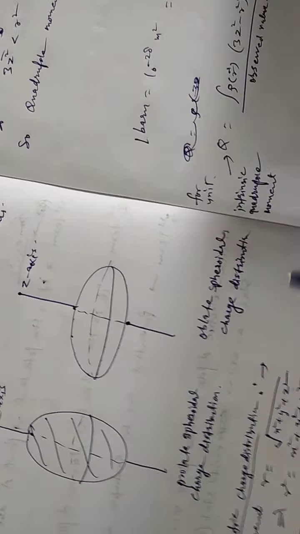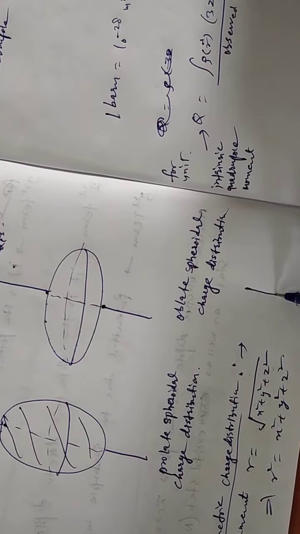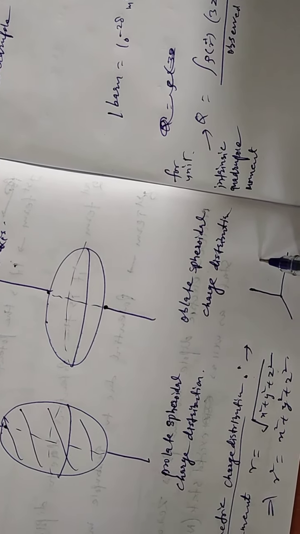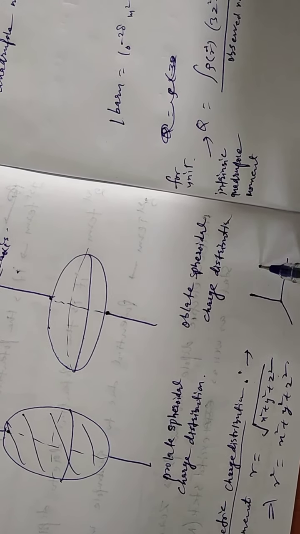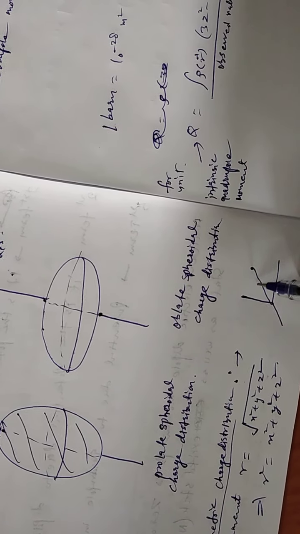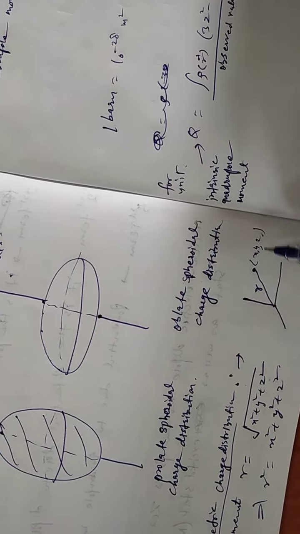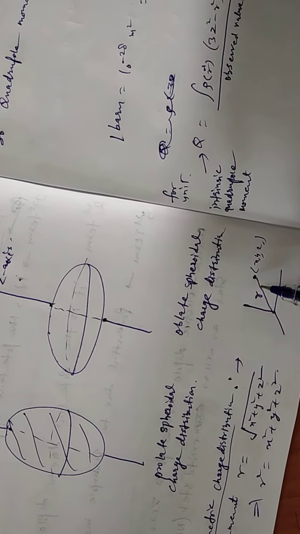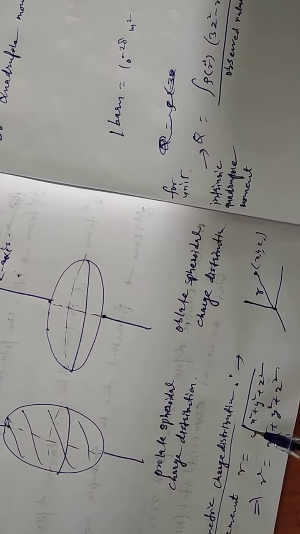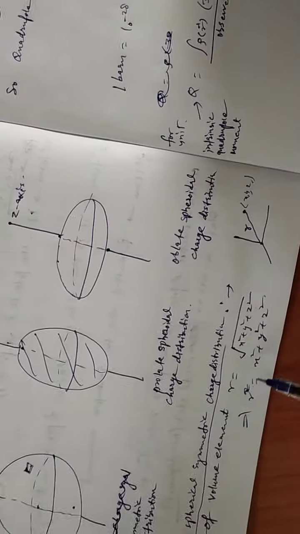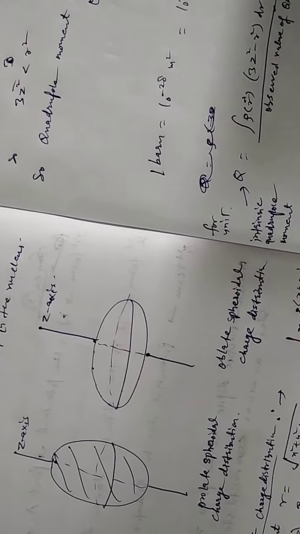In the frame of reference, this point has coordinates x, y, z and this distance is r. So the distance is the square root of x square plus y square plus z square, and squaring it we get r square equals x square plus y square plus z square. From this equation we can write this.